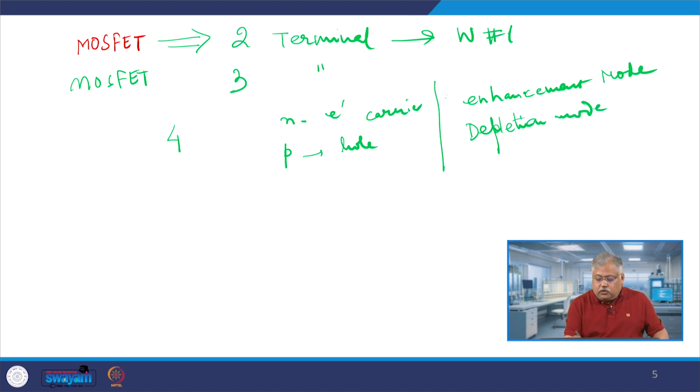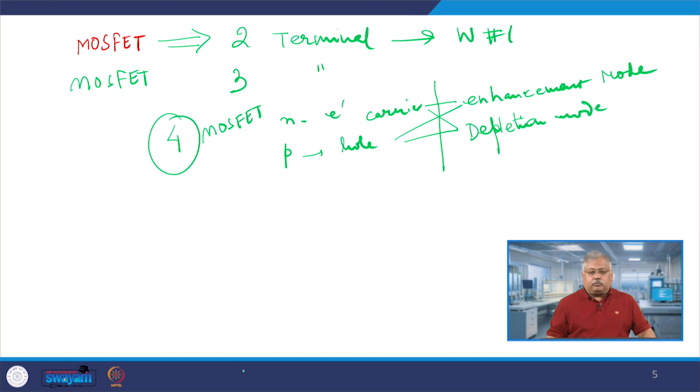So I can have N type in enhancement mode and in depletion mode, and P type in enhancement mode and in depletion mode. That gives me 4 types of bulk MOSFETs just by changing the carriers and the mode.